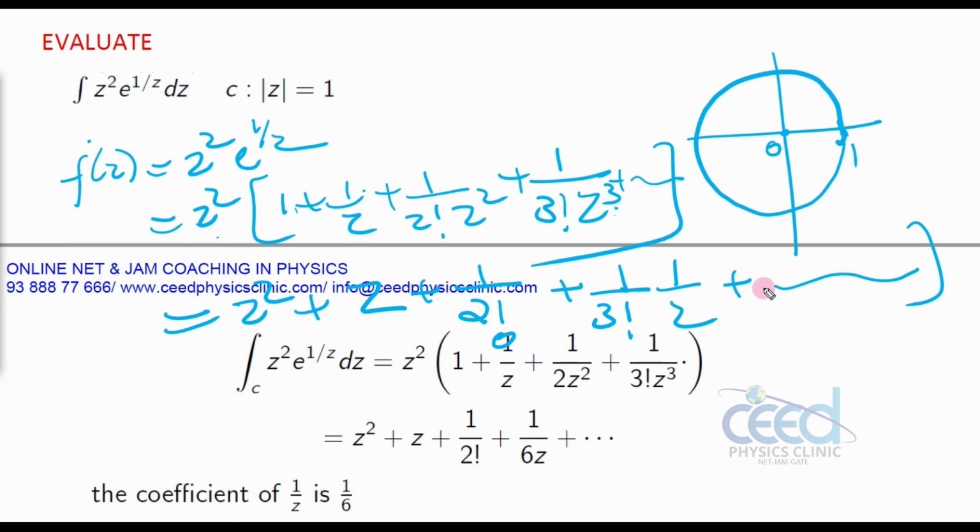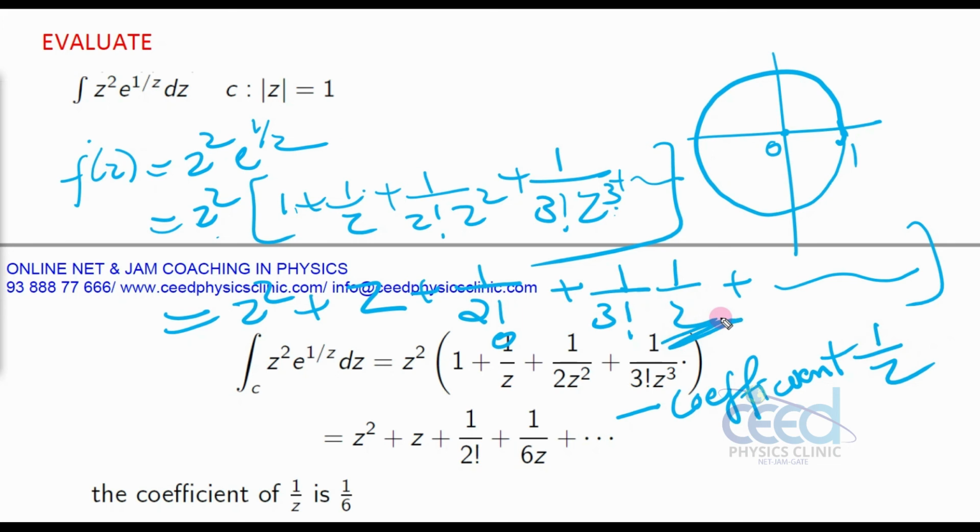To find the residue, we have a simple formula: the coefficient of 1 by z. This we have all studied in the last lecture, so you may refer to those videos before coming to this section.